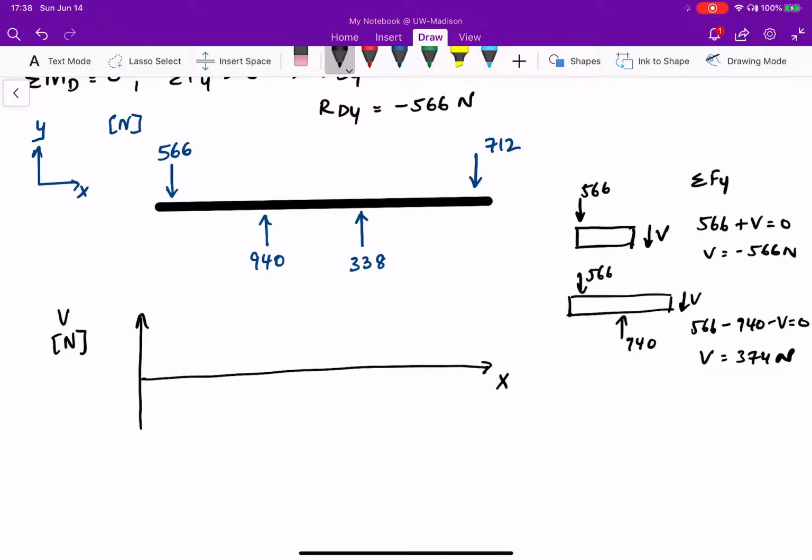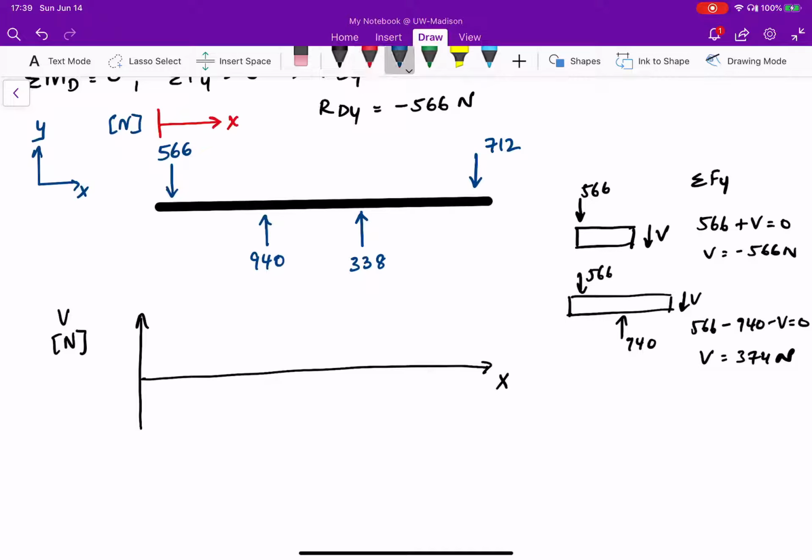So how I would go about doing this is I would start from the right-hand side and move along the x-axis. As I start from the right-hand side, I'm going to look at which direction my force is pointing with respect to the positive y-axis. If it was in the xz, I would look at where the positive z is pointing. So in this case, 566 is pointing in the negative y direction, which means I have a negative shear force.